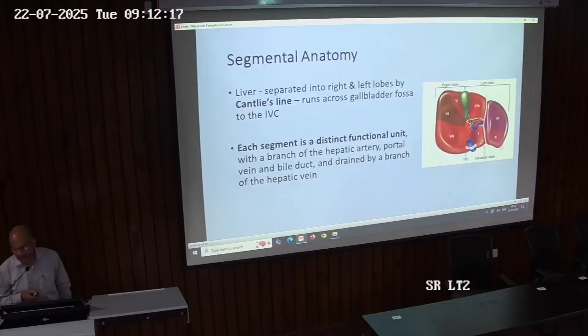So the Cantlie line passes through the gallbladder fossa and the IVC. This divides the liver into the functional right and left lobes. There are 8 segments, 4 in the left, 4 in the right, and each segment is a distinct functional unit with a branch of the hepatic artery, the portal vein, and draining into a bile duct.